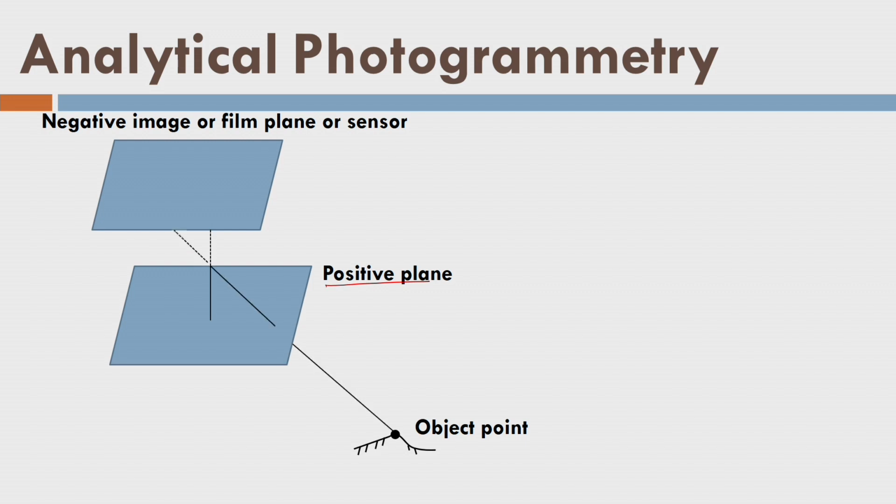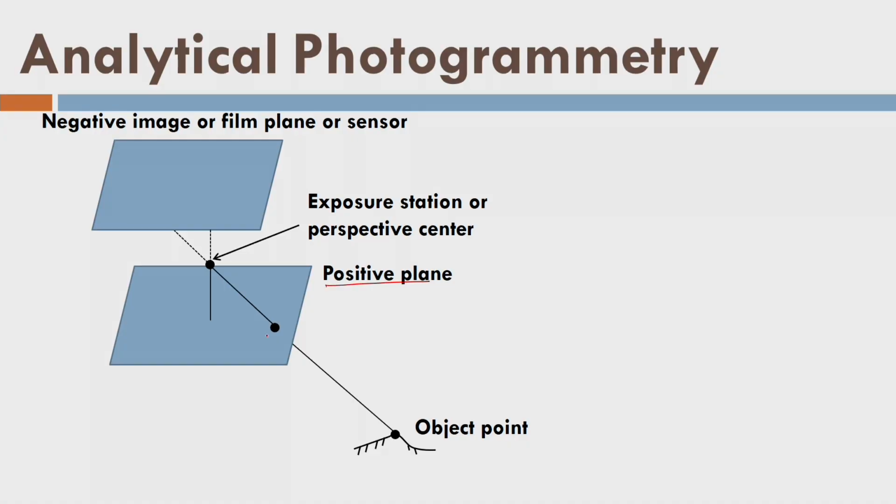So, now let us see that this point has been imaged onto the negative, and as a result we will say this is my exposure station through which light passes into the camera. Okay. And then it creates this image of the point. This is my image of the object point.